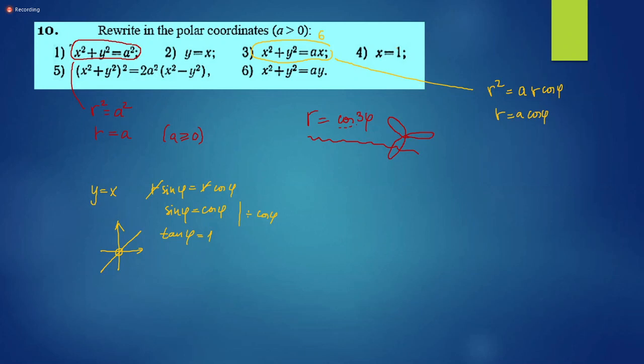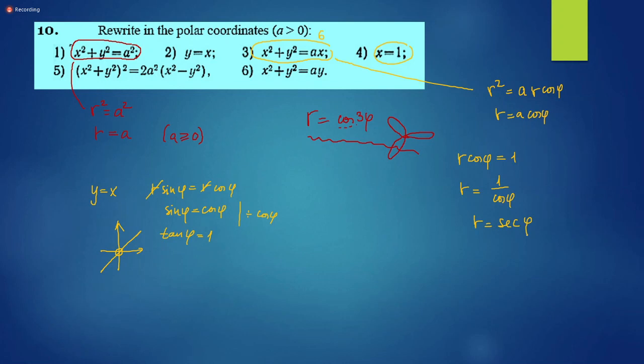Where x equals 1, we could have, okay, r cosine phi equals 1, or we can say r equals 1 divided by cosine phi, that is r equals secant of the angle phi. And that's the vertical line.